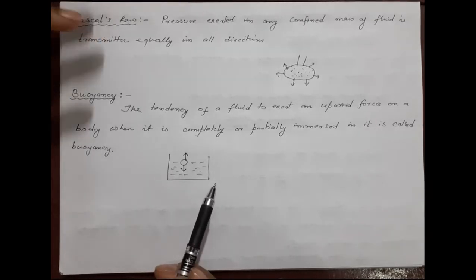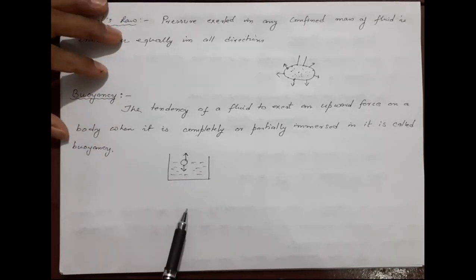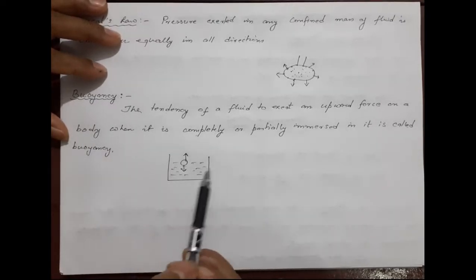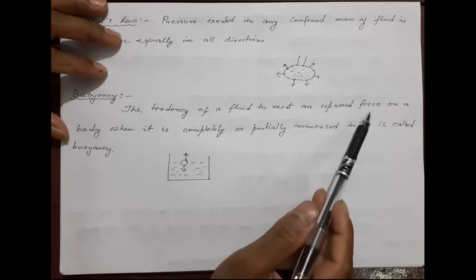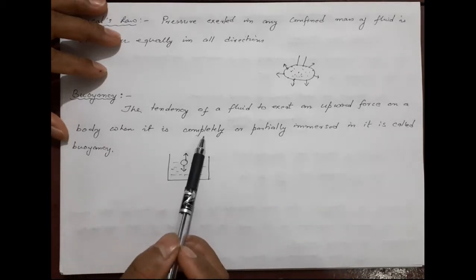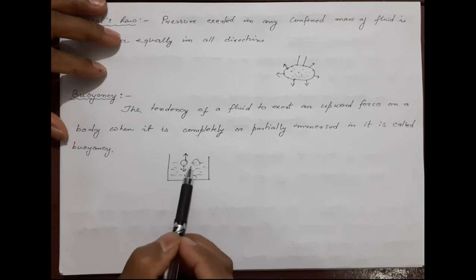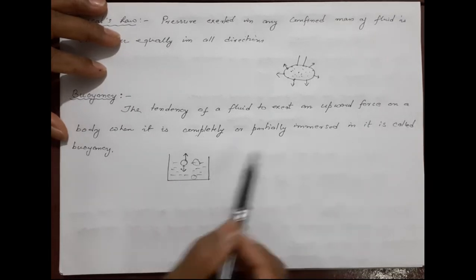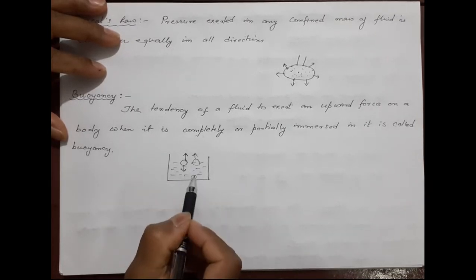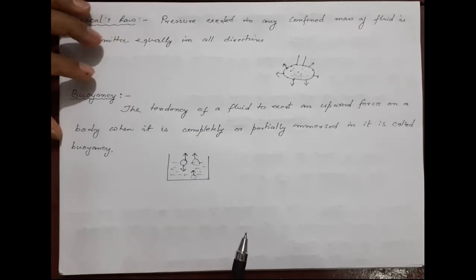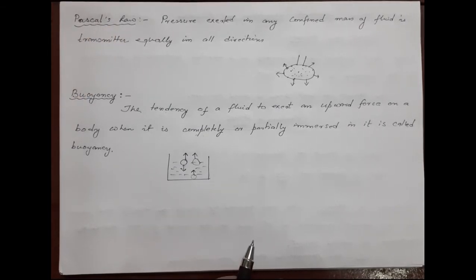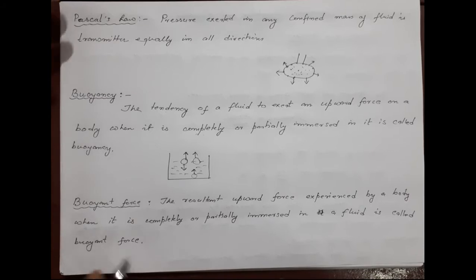It will not allow something to go inside very easily. So that habit of pushing it outside, an upward force on a body when it is completely, meaning going fully in, or partially, half outside half inside, is called buoyancy.